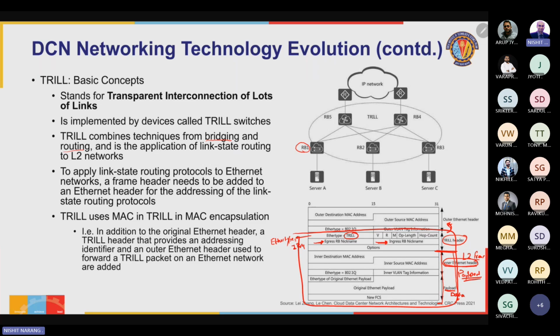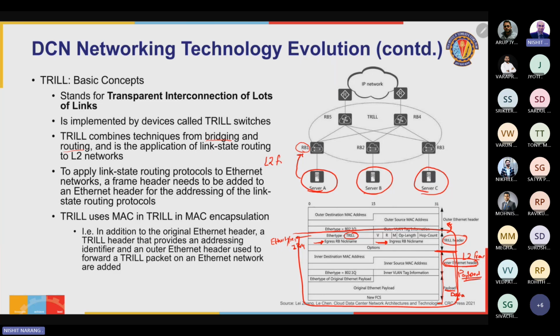The reason we've done this encapsulation is that I don't need any changes on the servers. Now that you've seen the packet format, let me explain why so many encapsulations. I don't want these servers to be impacted. What are these servers generating? To the access switches, what are they sending?